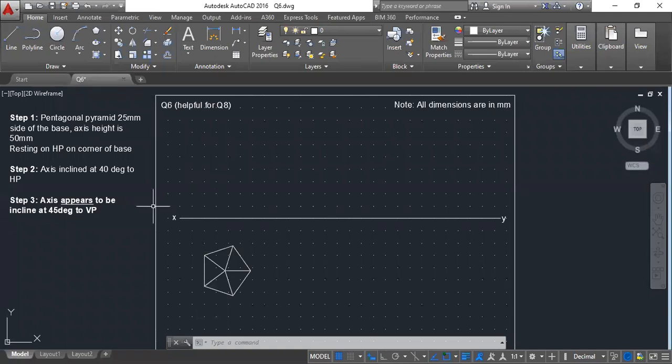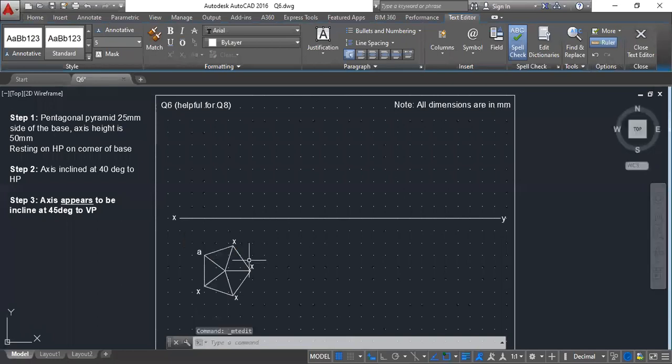Now coming to the naming. So again, I told you, I can give the names in one single sequence. Either you can follow it clockwise or anti-clockwise, but do only one thing, not both.